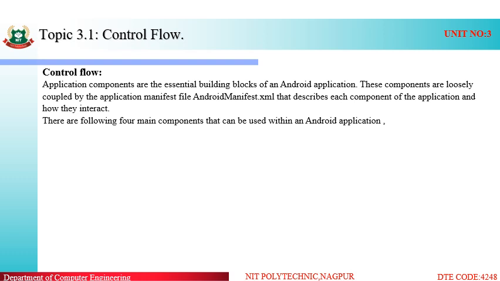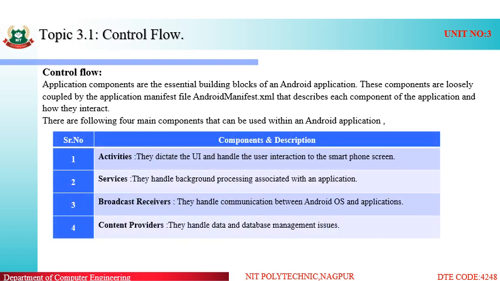There are following main components that can be used within an Android application. The first one is the activity. Activity is nothing but the screen which we will see. In Windows we can see a single window is a screen user interface.